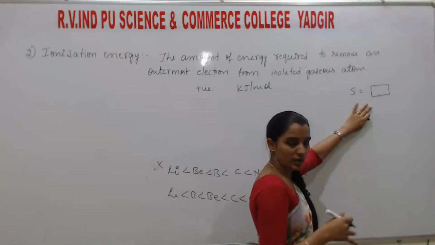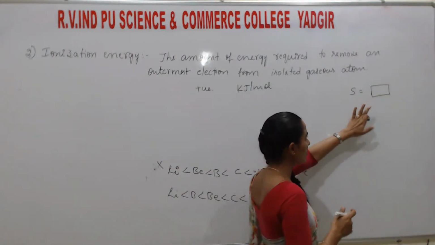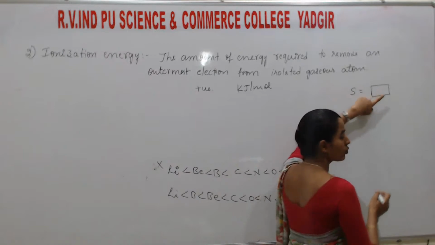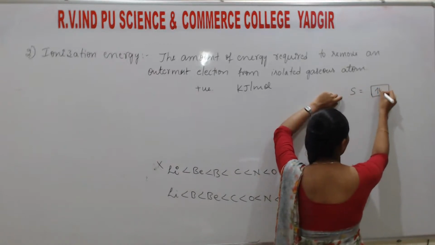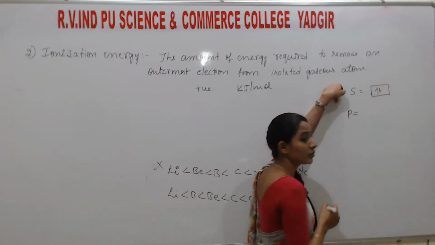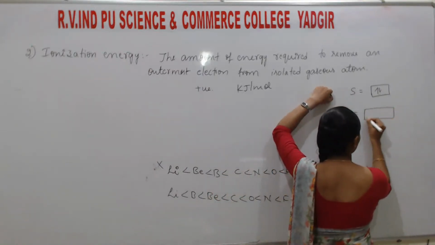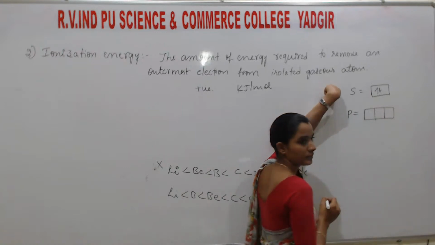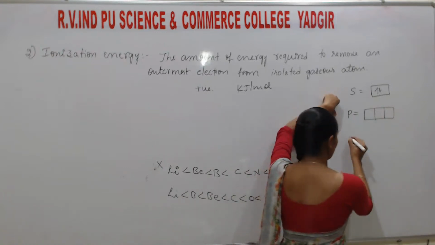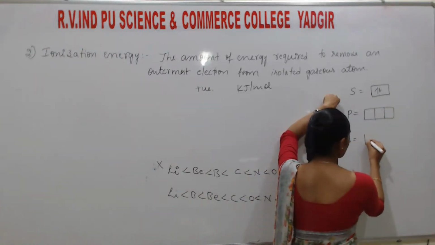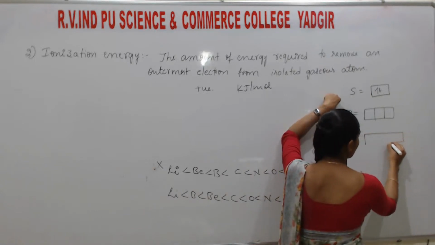In the atomic structure chapter, I will explain. Just remember this one. For s orbital, 2 electrons can fill, so only one box. For p orbital, how many electrons can fill? 6 electrons, which means you require 3 boxes. Next, d orbital means maximum electrons to be filled is 10.